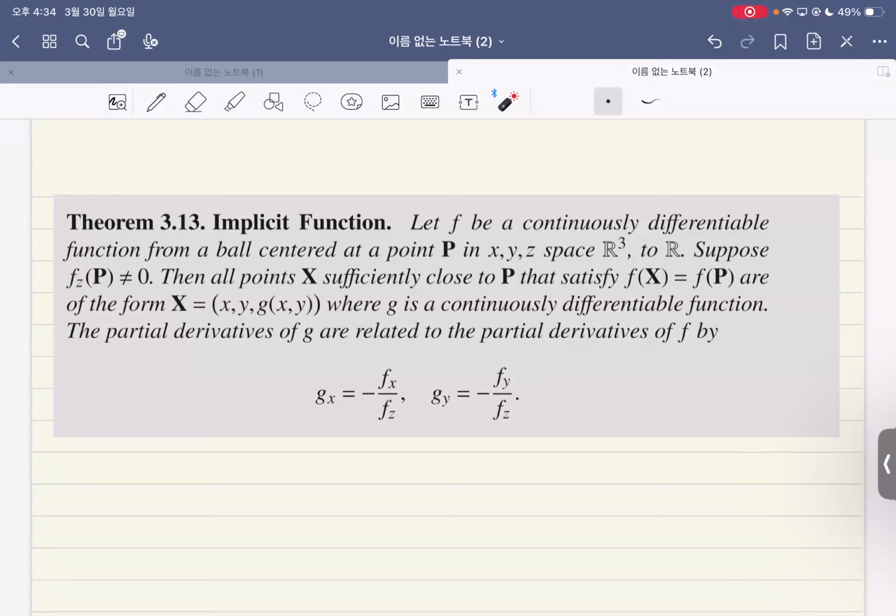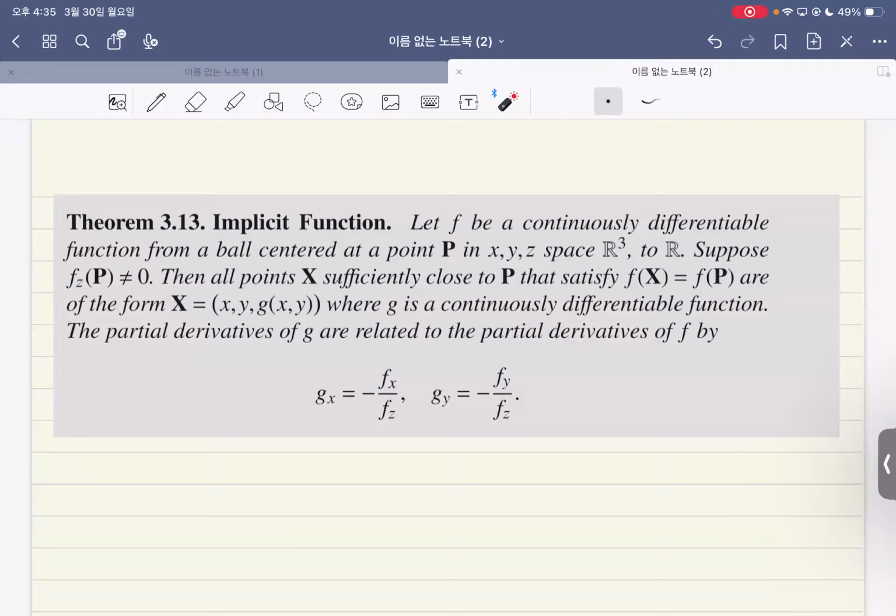Then, solving this equation for g is possible. This level set, at least locally, is the same as the graph, so you are able to solve this equation for z equals g(x, y).